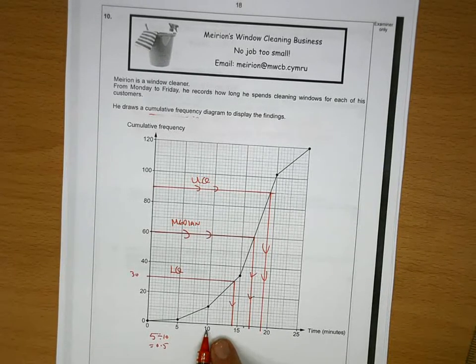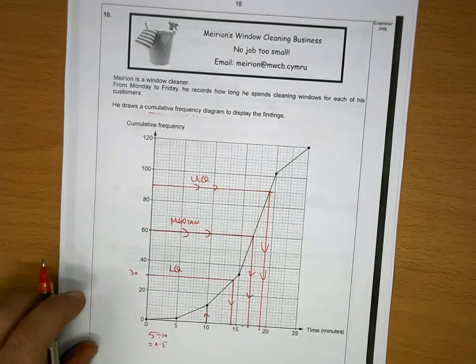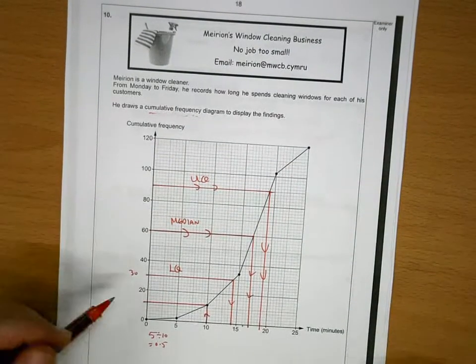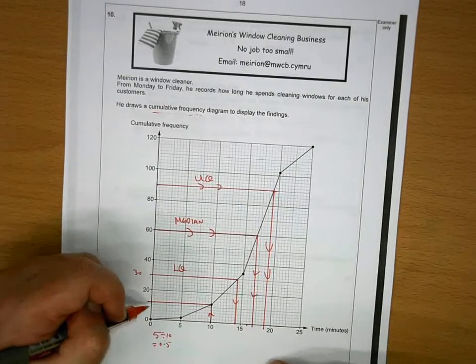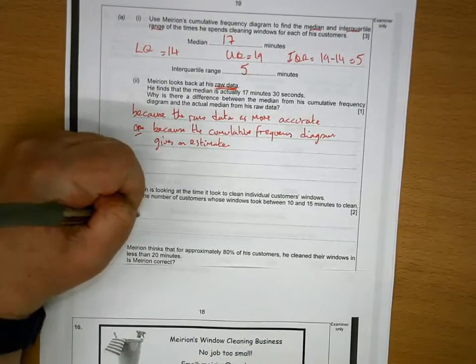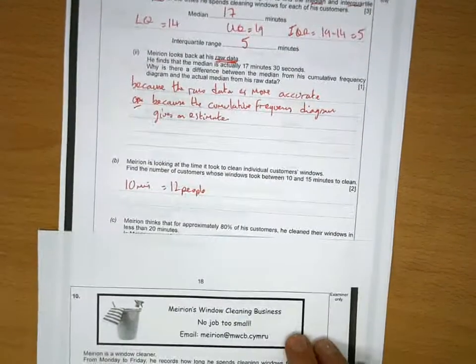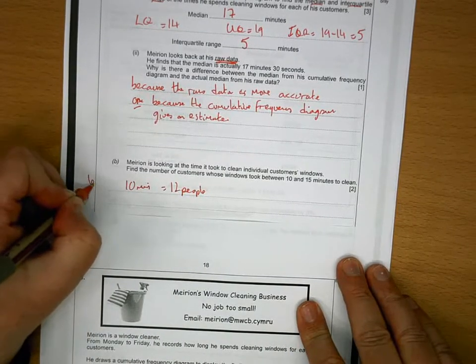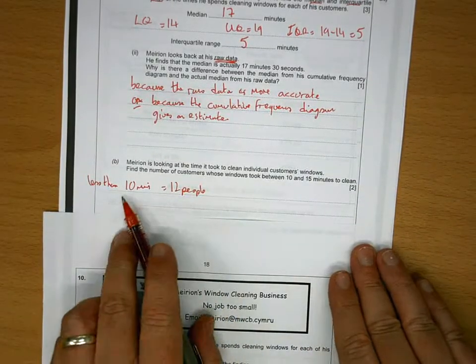So when you read off 10 minutes, this is going up in twos, so that's 12 minutes, 12 people. What that's actually telling you is less than 10 minutes. So 12 people took less than 10 minutes.